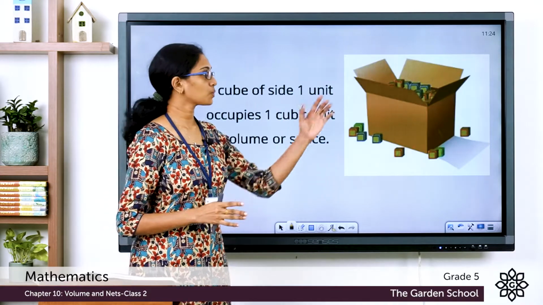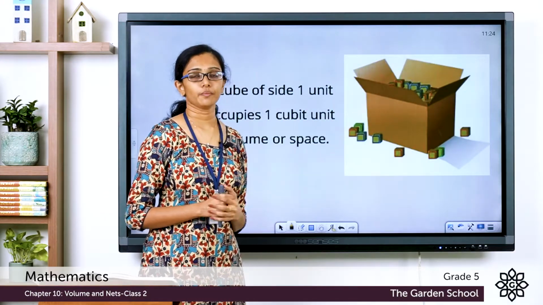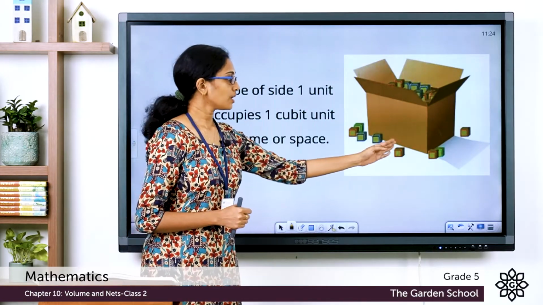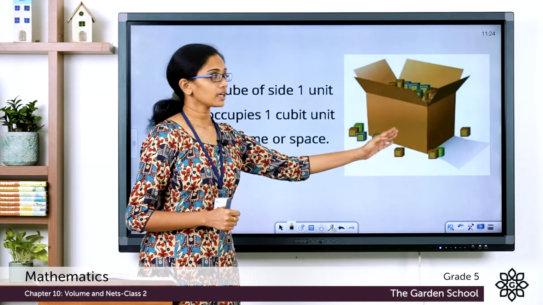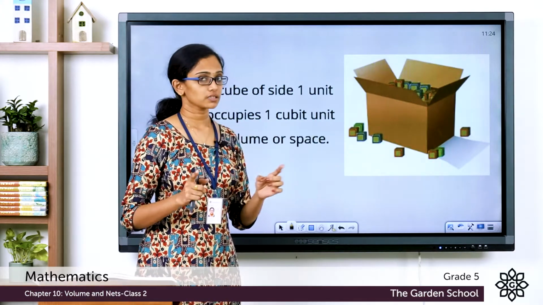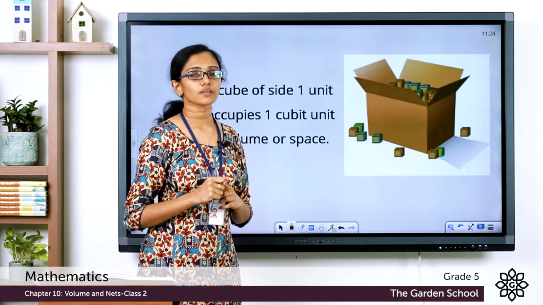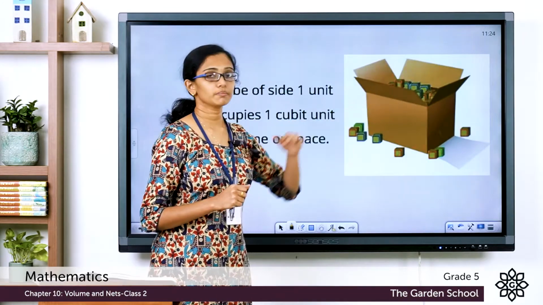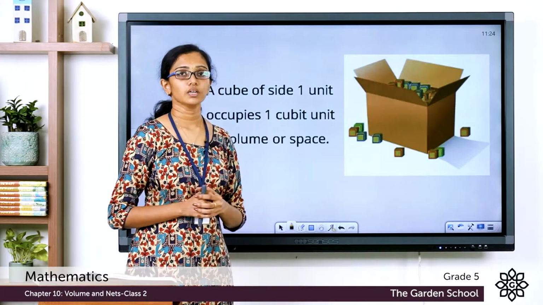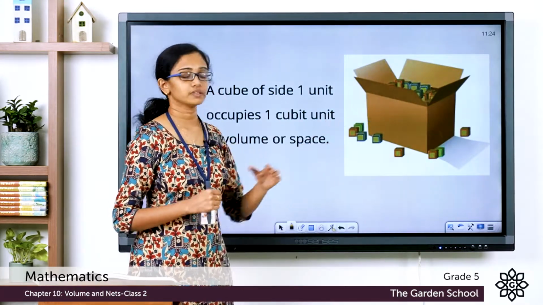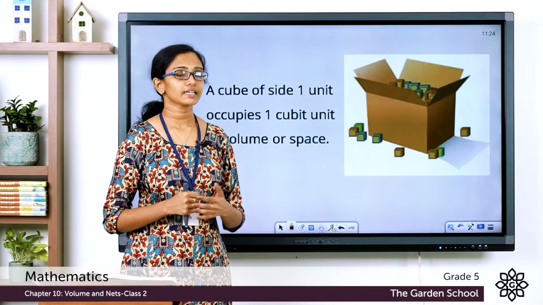So how do we find out the volume of this cuboid box? You have got unit cubes here and each of these cubes has got a side of 1 unit. If you can count the number of unit cubes that can be placed inside this box, you can find out the volume of this cuboid. Let me say that again.